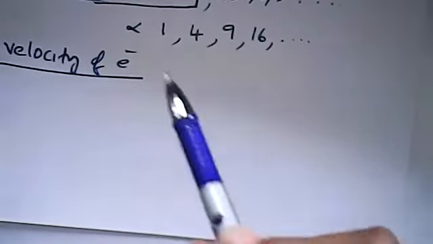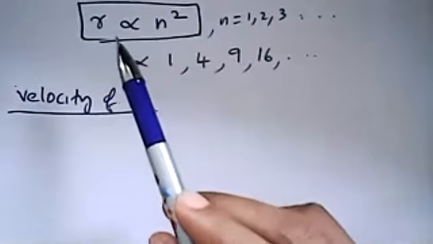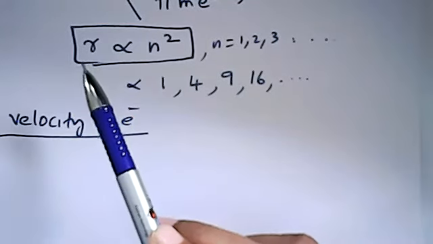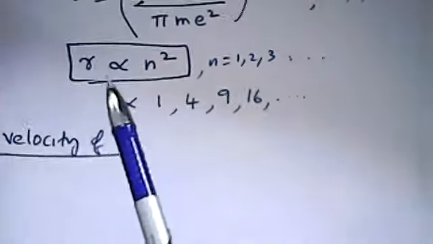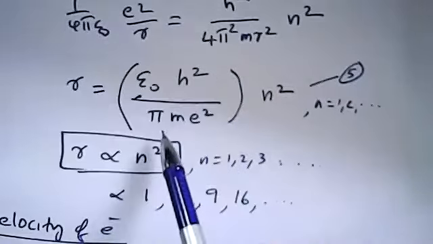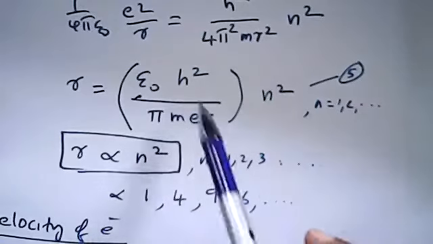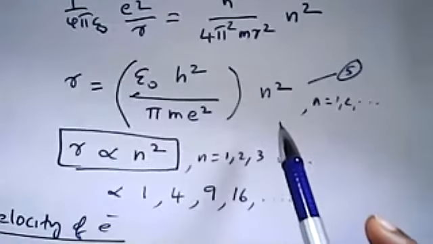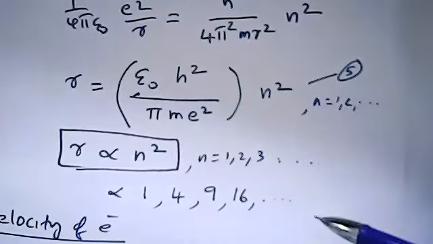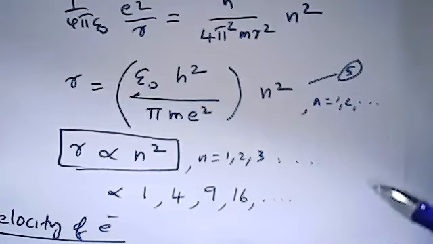Last class we derived the expression for the radius of the electron around an atom, and we found that the expression for R is epsilon 0 h square by pi m e square, a constant, into n square, where n equals 1, 2, 3, etc. Here n is also known as the principal quantum number.